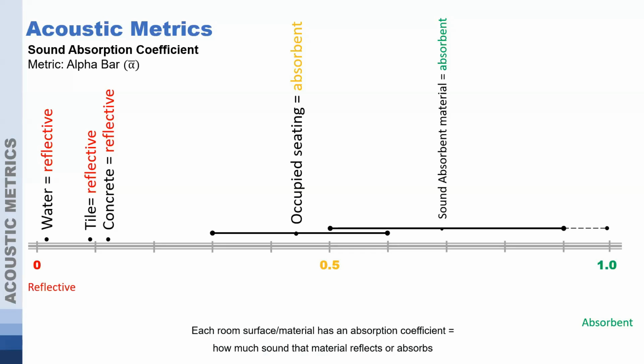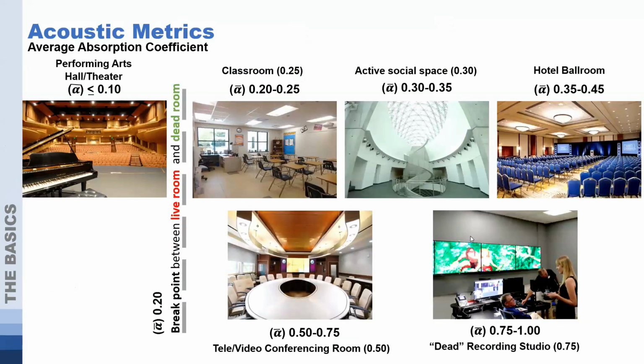And looking at this a little bit more in depth, we can see where we actually want certain rooms to be very reverberant. Performing arts halls and theaters, we typically want an alpha bar in this space to be less than 0.1 because we want most of the surfaces to be very carefully sculpted and angled, but also reflective materials. So, that's kind of a special case.